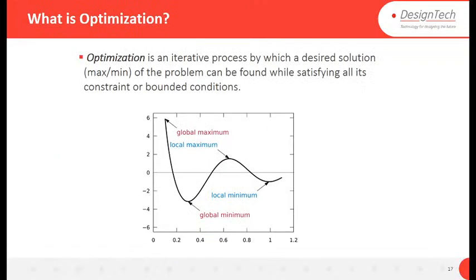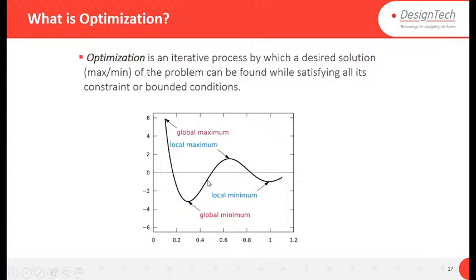Okay, so what is optimization? Optimization is an iterative process by which a desired solution, which can be a maximum or minimum of the problem, can be found while satisfying all its constraints or bounded conditions. So let's say that I have this curve here. Just wait a minute.